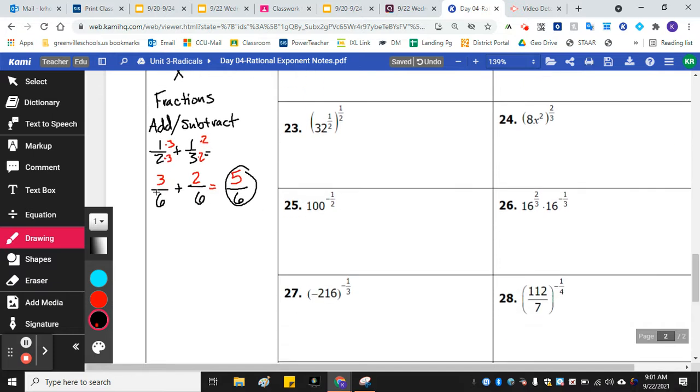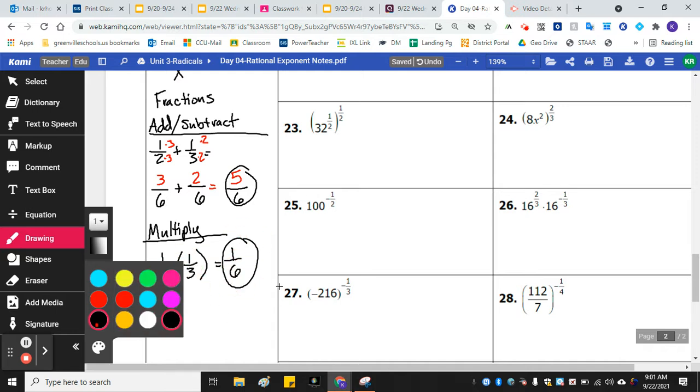And that's the same thing with subtracting. You have to get like denominators. Next, you have multiplying fractions. When you multiply fractions, you just multiply across the top, across the bottom, and simplify. So if I did 1/2 times 1/3, I would get 1/6.